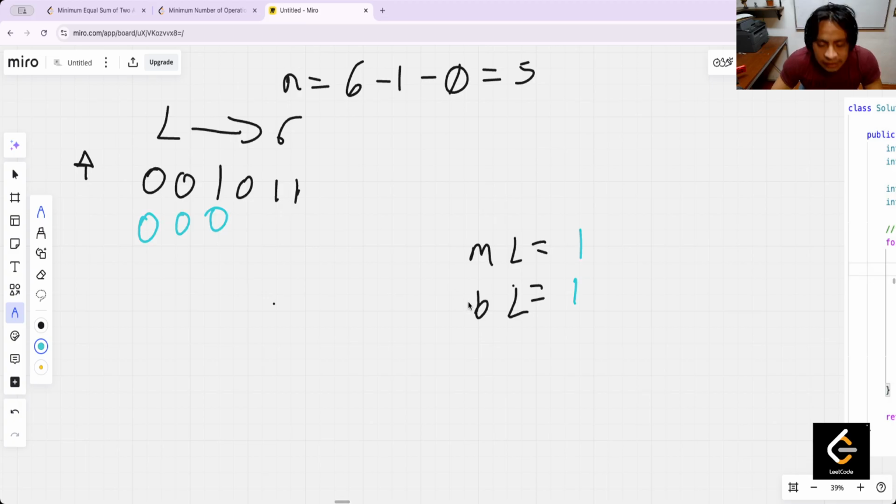Okay. Now the next is this. In this case, we are sure that the number of balls in the left side before this is only 1.